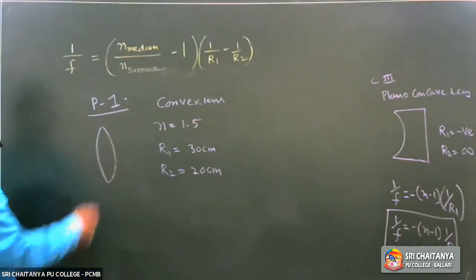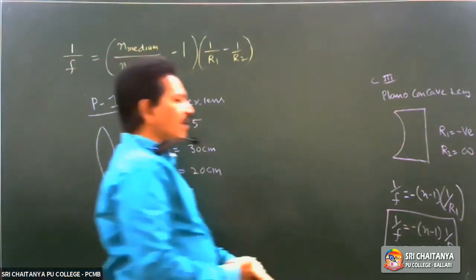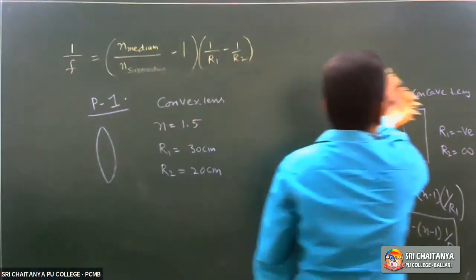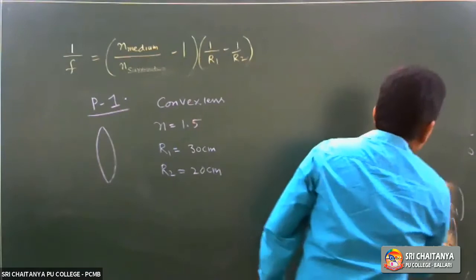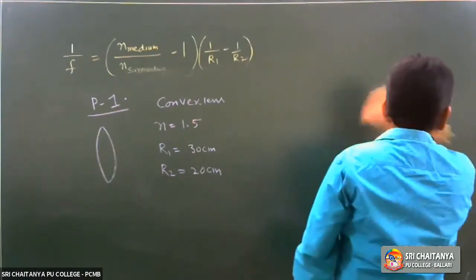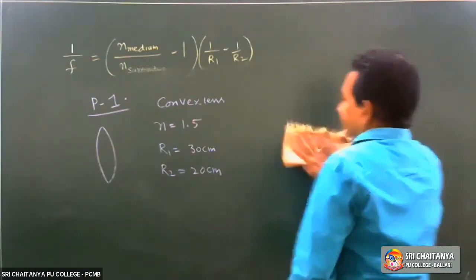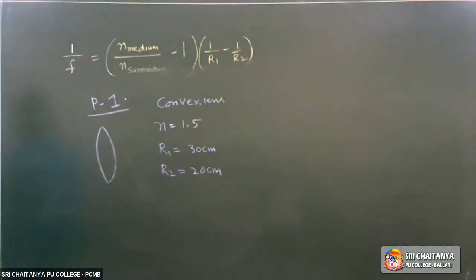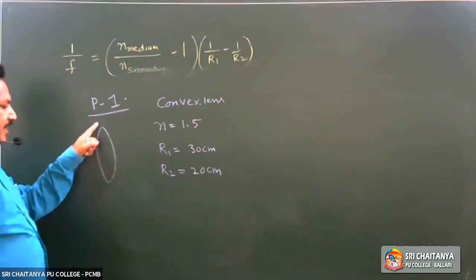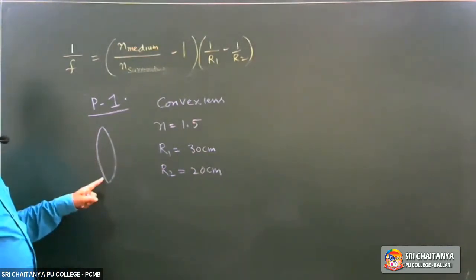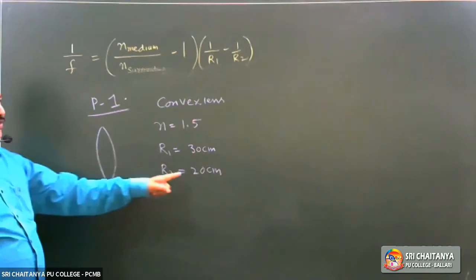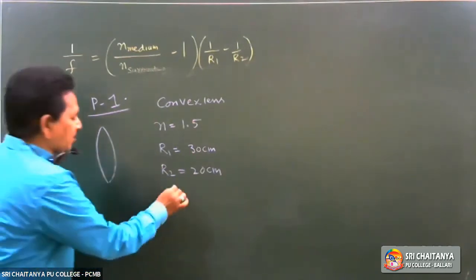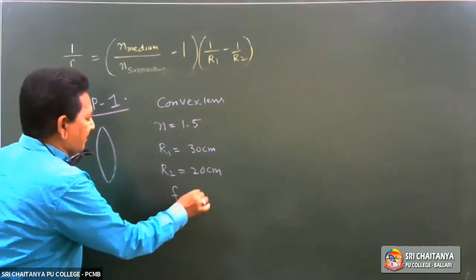There is a convex lens made of a material whose refractive index is 1.5. You are asked to calculate the focal length of the lens.